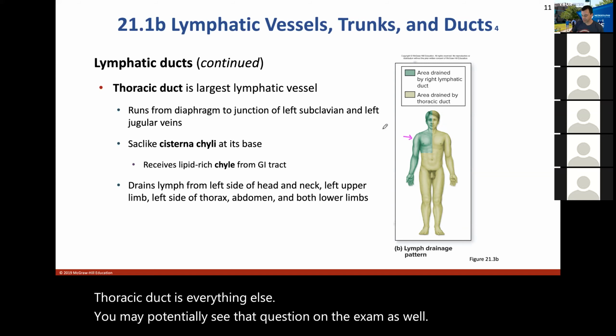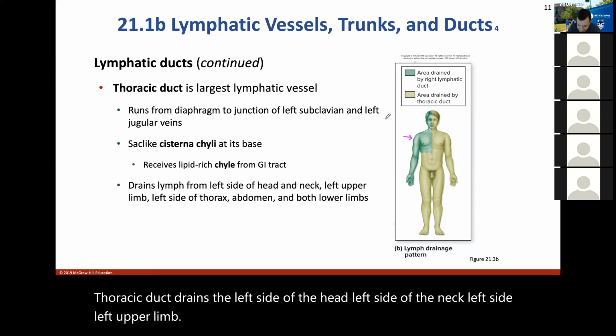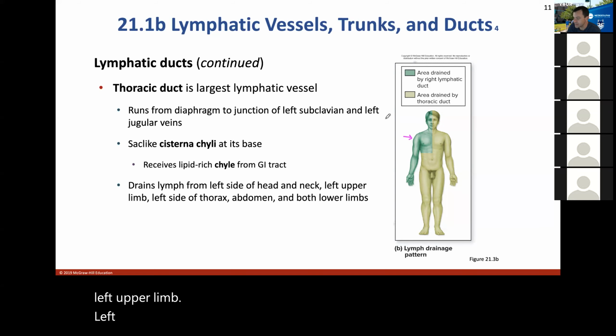Thoracic duct drains the left side of the head, left side of the neck, left upper limb, left thorax, and then everything below the diaphragm, the abdomen, and your left and right legs. It is the largest of your lymphatic vessels.